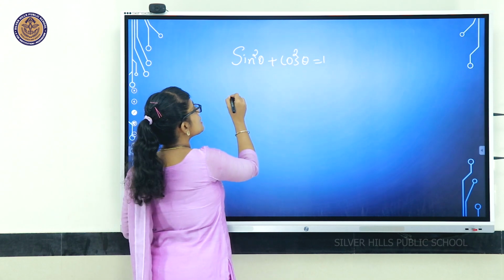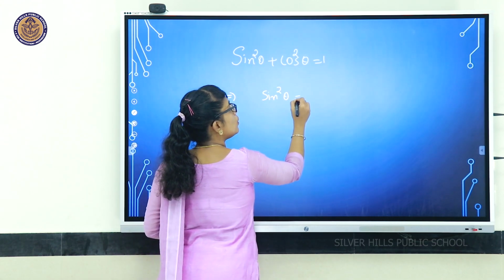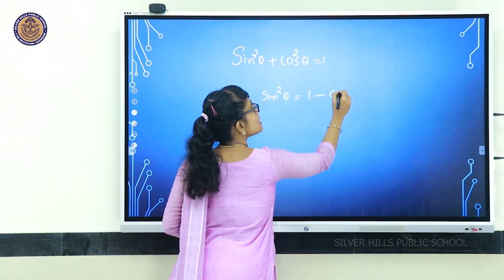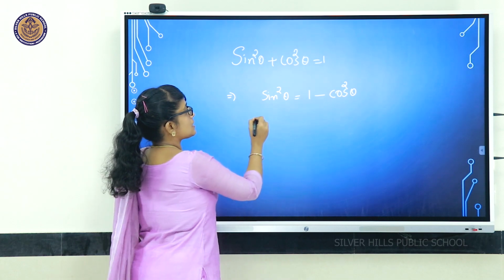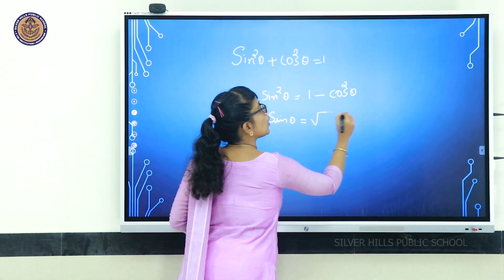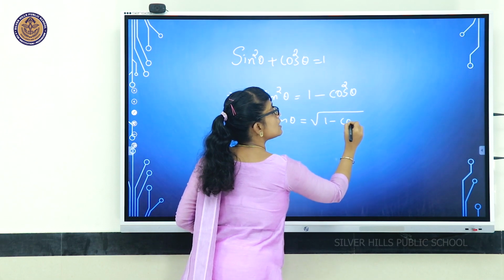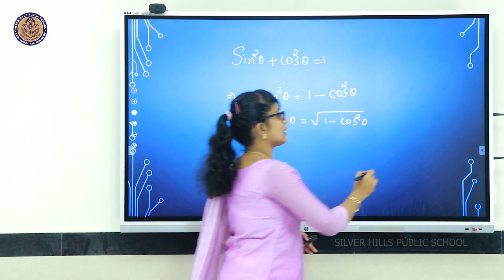That is, sin square theta equal to 1 minus cos square theta and sin theta equal to root of 1 minus cos square theta. That we studied in the lower class.